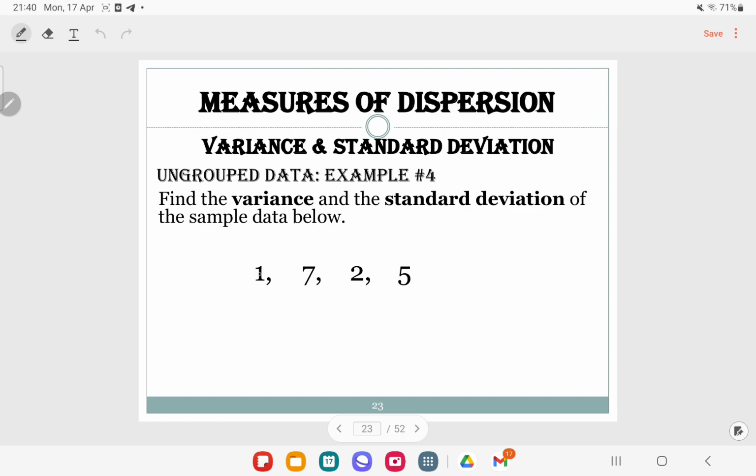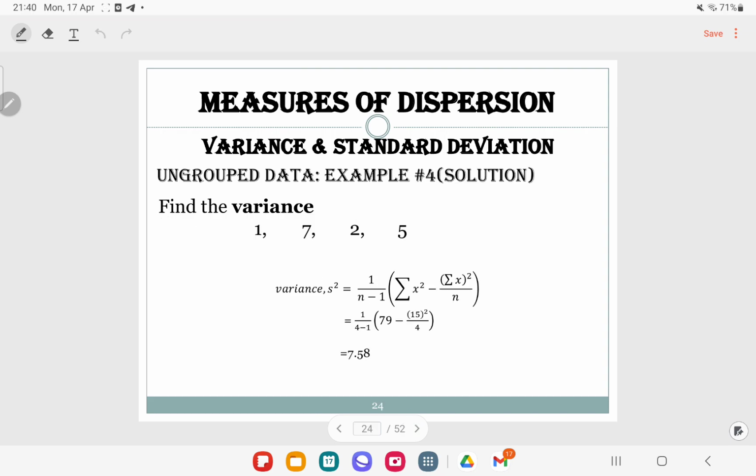Let's say we consider these four numbers as the data set. How to calculate it? You just identify the summation of x and the number of n: 1, 2, 3, 4, so 4 will be here. Summation of x squared: 1 squared, 7 squared, 2 squared plus 5 squared, so here we have 79.